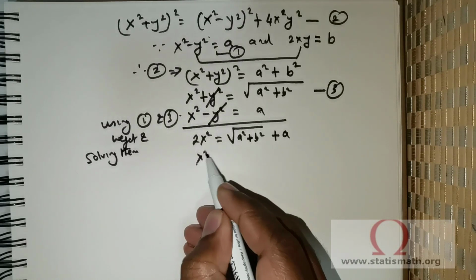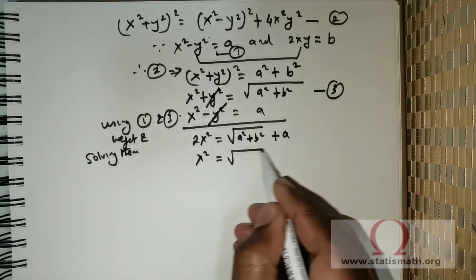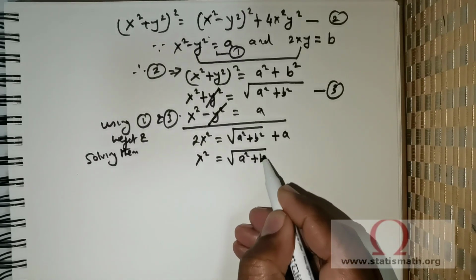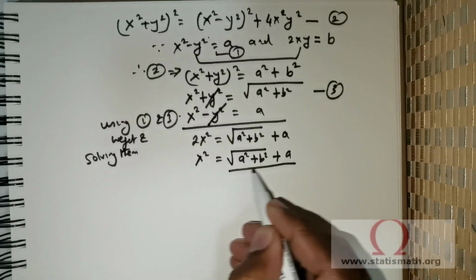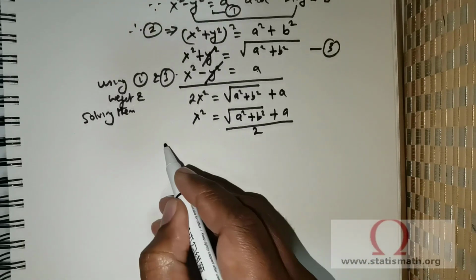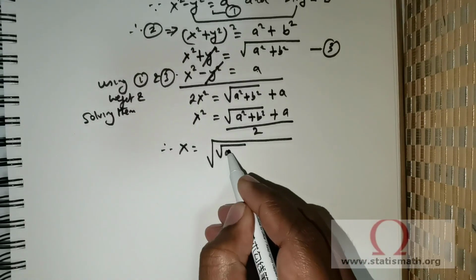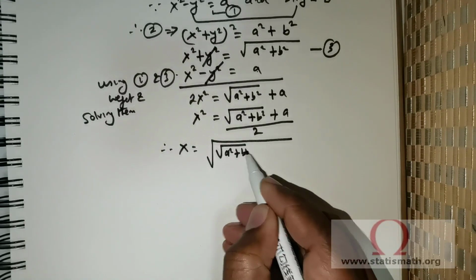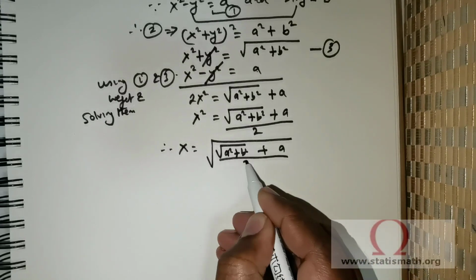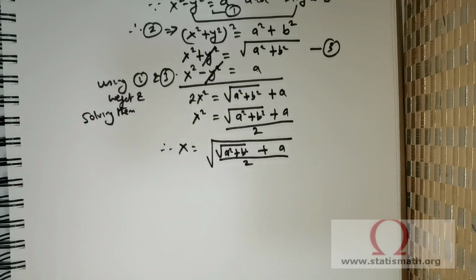So from here I get x squared is equal to root of a squared plus b squared plus a, divided by 2. Therefore the value of x is equal to root of (root of a squared plus b squared plus a divided by 2). So this is what I get.